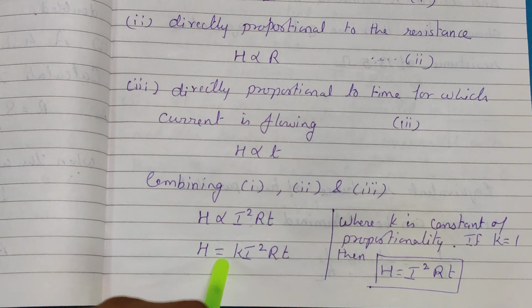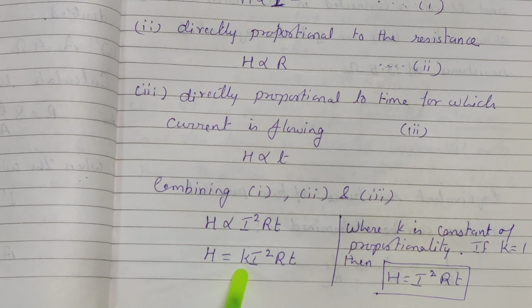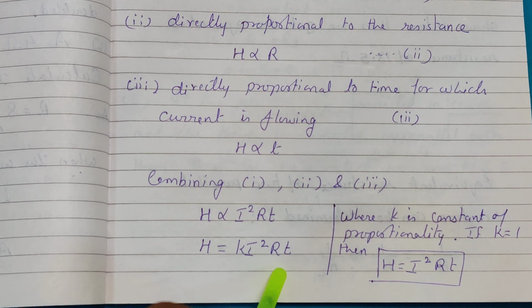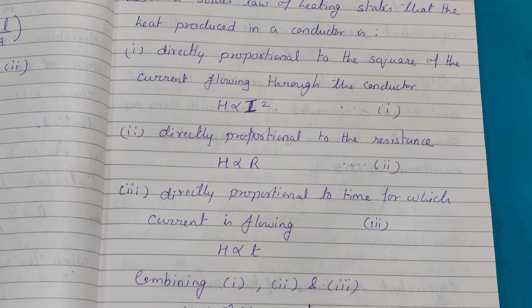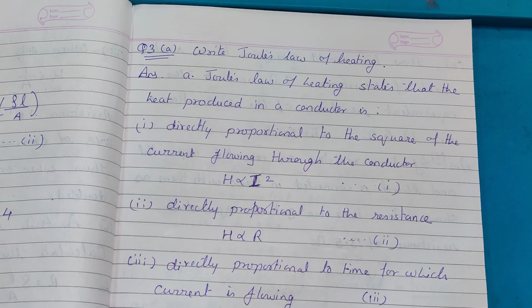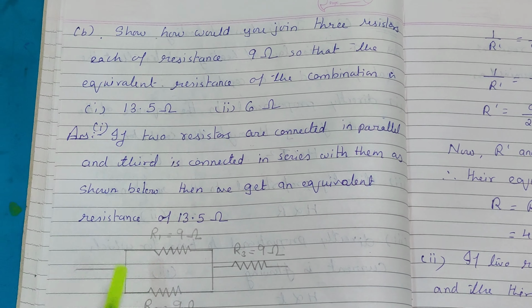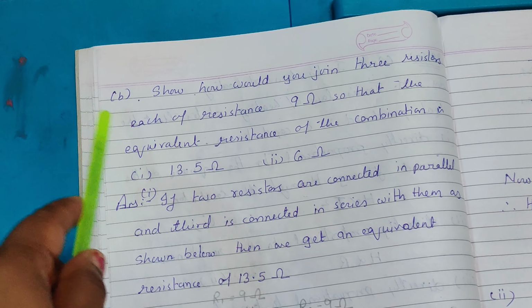If we suppose that K equals 1, then H equals I square RT. This is your Joule's law. And this is a very important question, beta. You have to learn it.